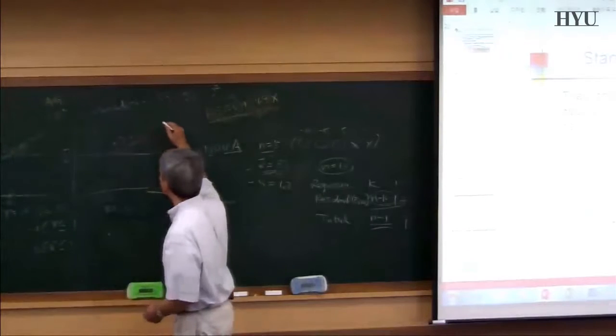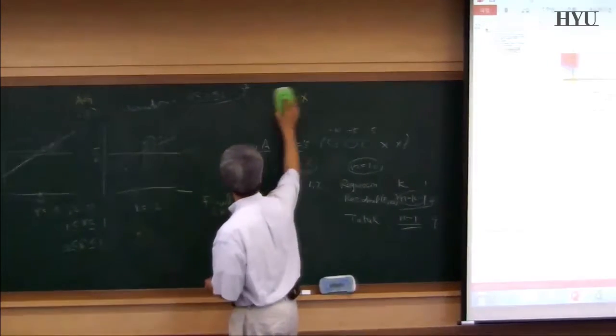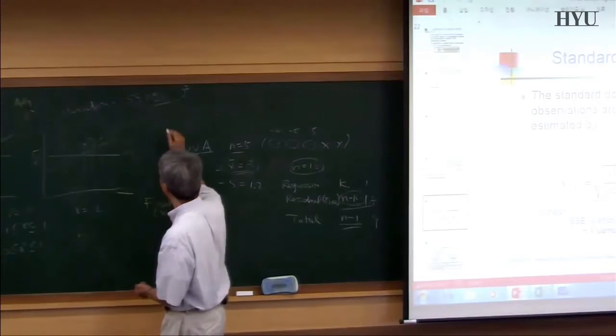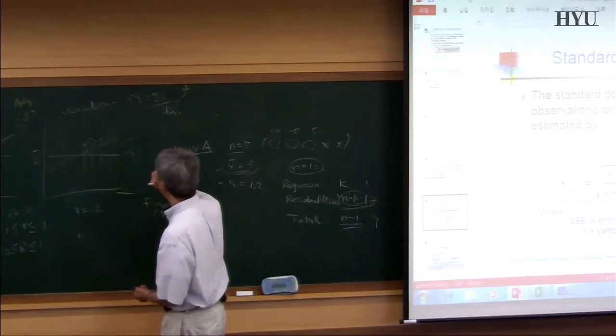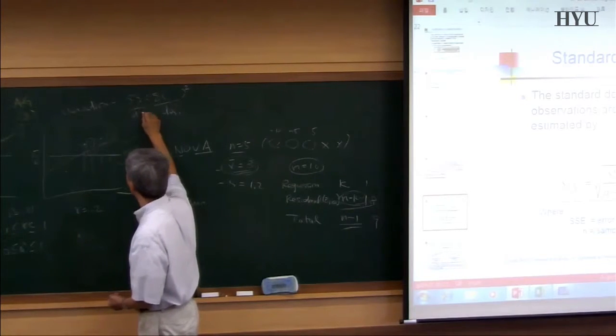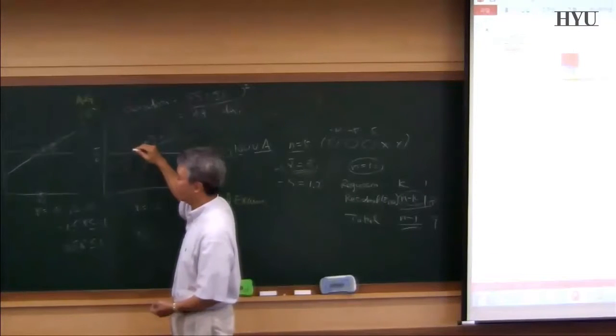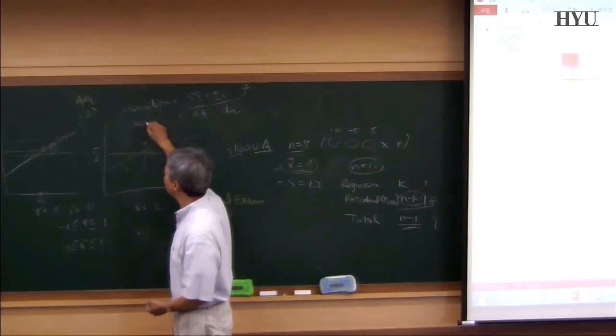If you divide the sum of squares by degrees of freedom, it becomes what? Any idea? Variance.